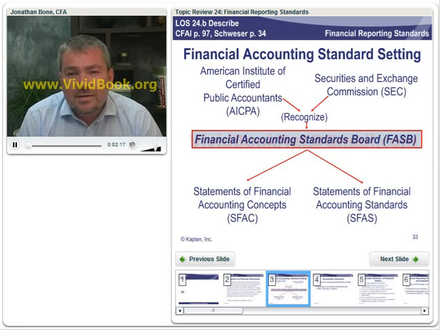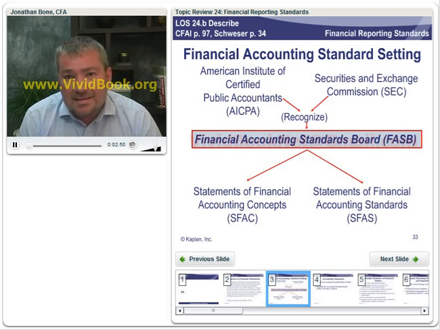Now you'll notice above that we have the American Institute of Certified Public Accountants and the Securities and Exchange Commission both recognizing the importance of the Financial Accounting Standards Board. Let's take the American Institute of Certified Public Accountants. These are our auditors, essentially, in the US. What they're really saying here is in order for them to give you a true and fair, clean audit report, you're going to need to comply with the statements of financial accounting standards as set out by the Financial Accounting Standards Board.